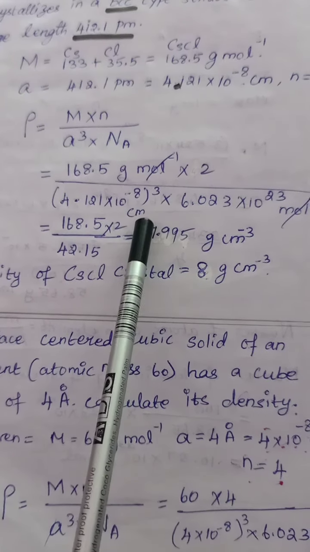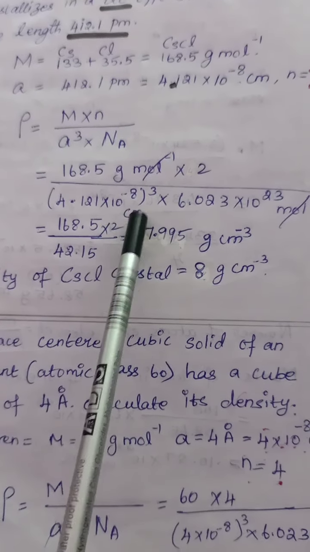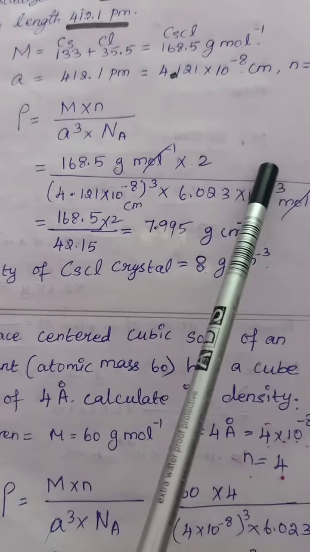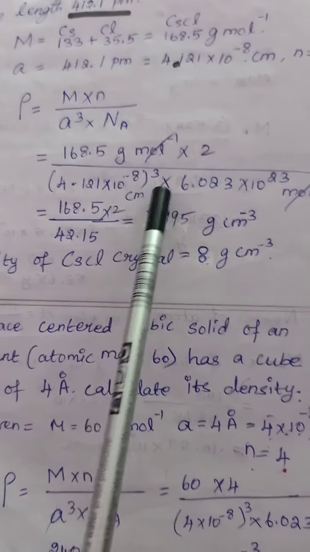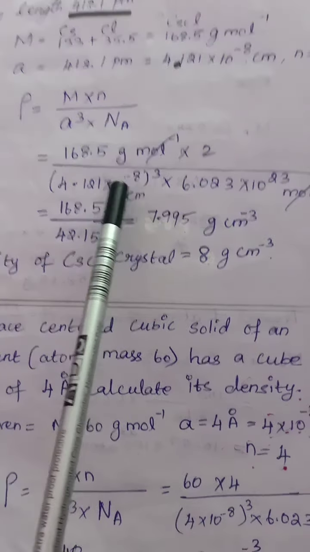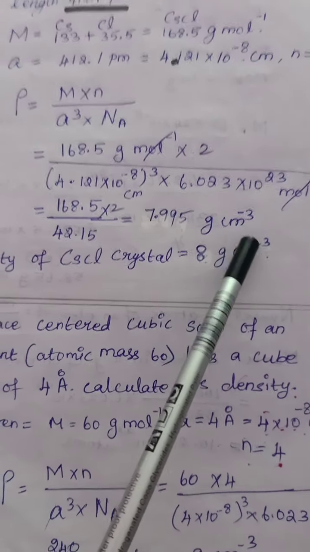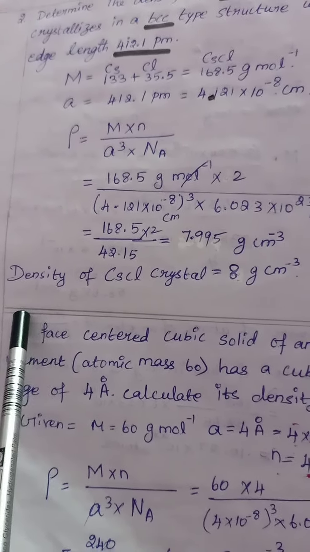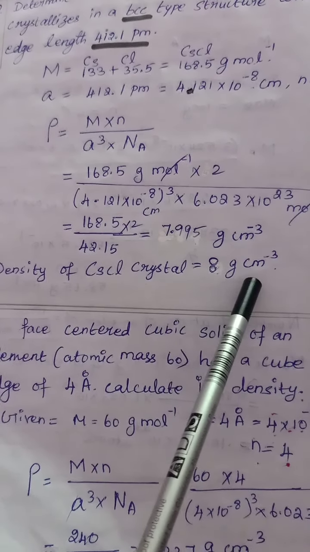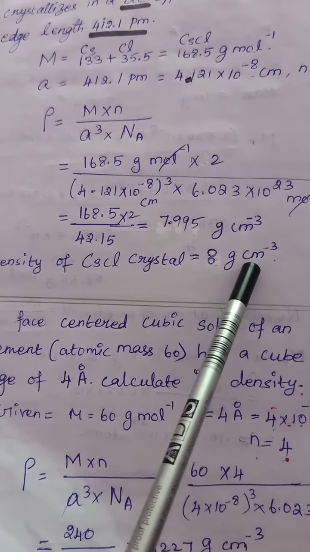Here centimeter cube is remaining. Centimeter cube goes to the upper side, this is inverse. So centimeter cube converts to centimeter minus 3. So the unit is gram centimeter minus 3. This is the density of cesium chloride. Density of cesium chloride is 8 gram centimeter minus 3.